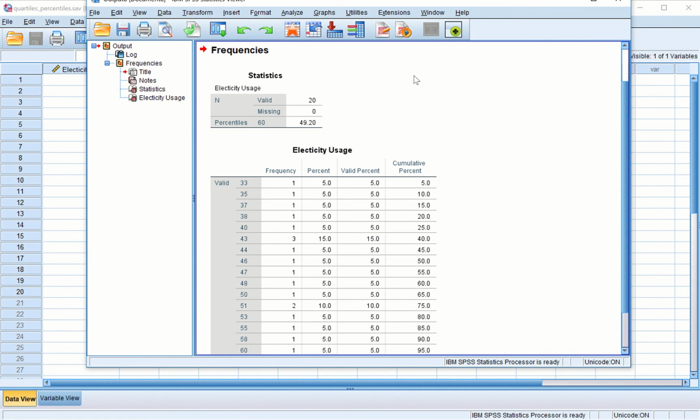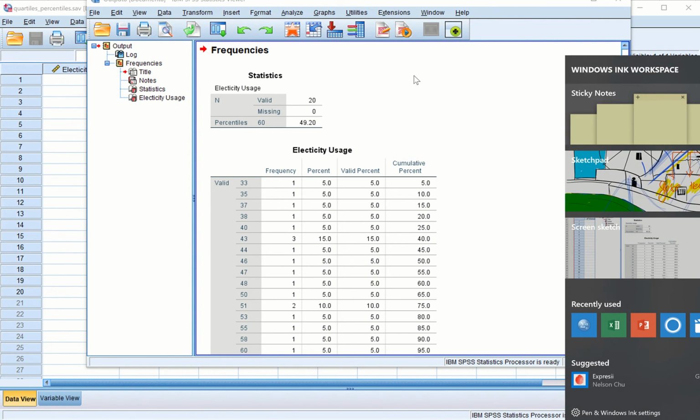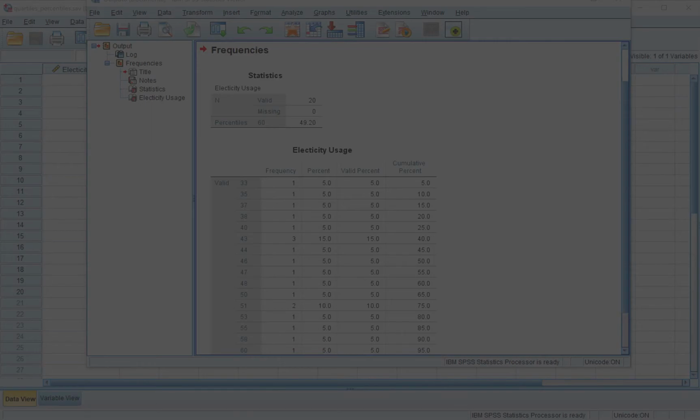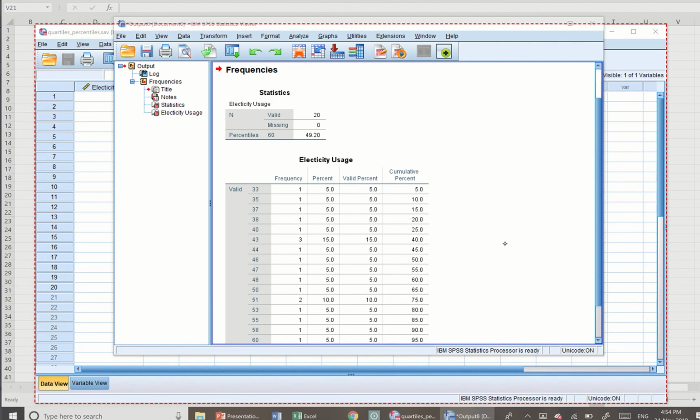So it means that this is the 60th value when the series is divided into 100 equal parts.